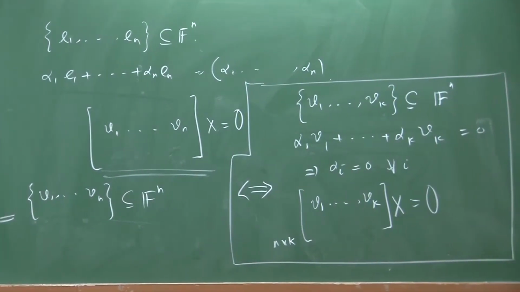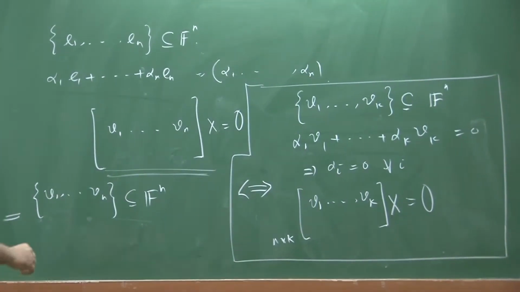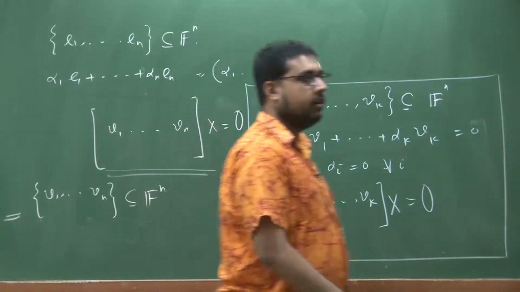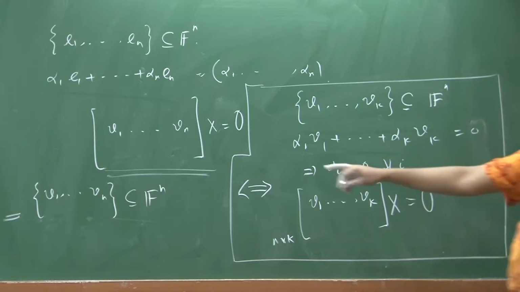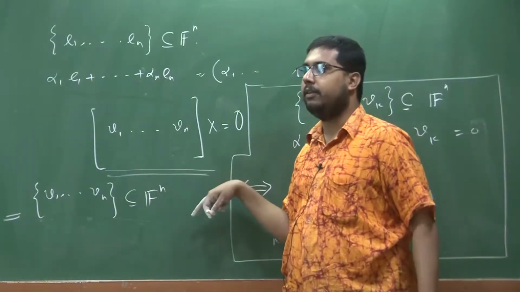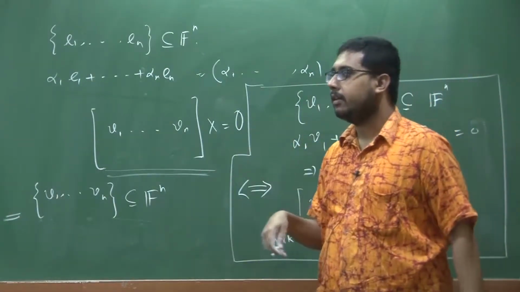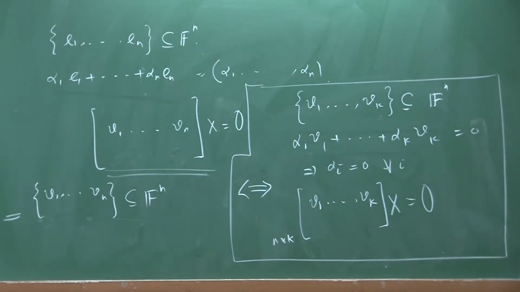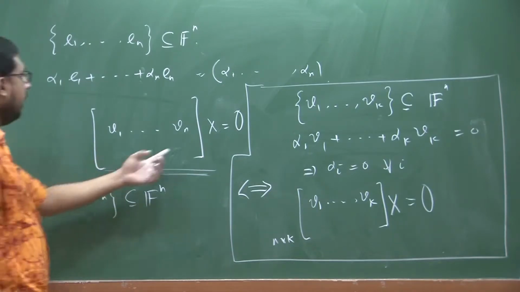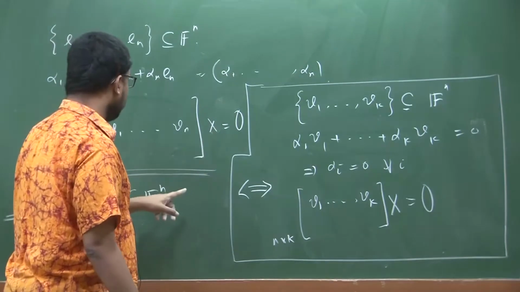We have already talked about this while dealing with systems of linear equations: a square matrix is invertible if and only if the system has a unique solution, namely the only trivial solution. So, if this is not invertible, then certainly the system will have a non-trivial solution.